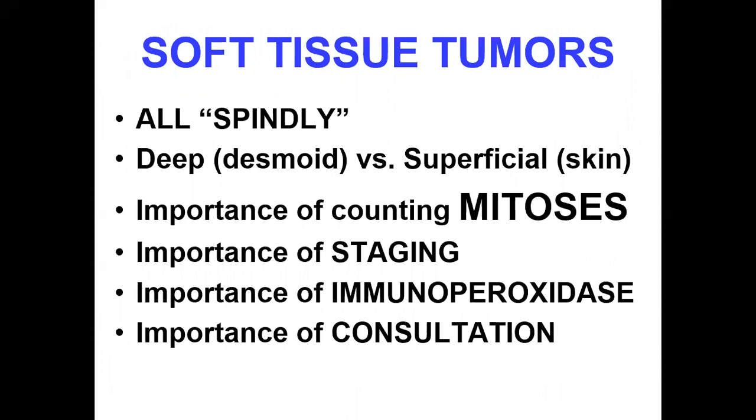The prognosis of soft tissue sarcomas depends on the staging, and staging depends on the number of mitoses, polymorphism of the component cells, and areas of necrosis. And then there is the importance of immunoperoxidase staining, and the importance of consultation with surgeons and other consultants.